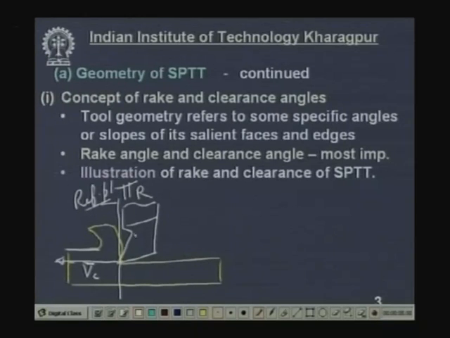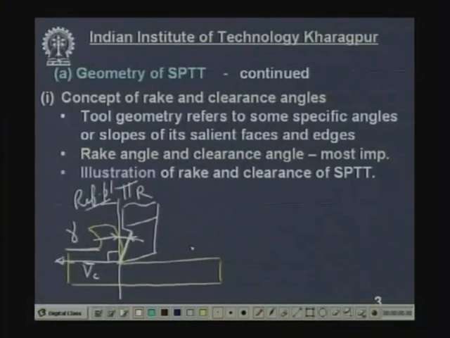This reference plane pi r is nothing but a plane perpendicular to the velocity vector. Now, what is rake angle? Rake angle is the inclination of the rake surface of the tool from the reference plane. This angle is called rake angle, denoted by gamma.